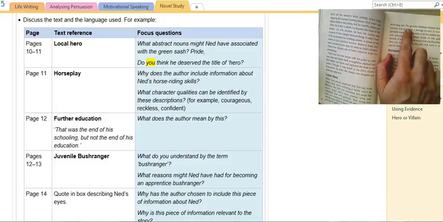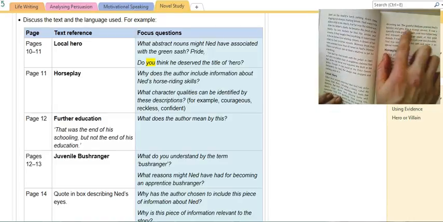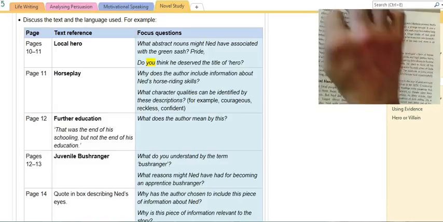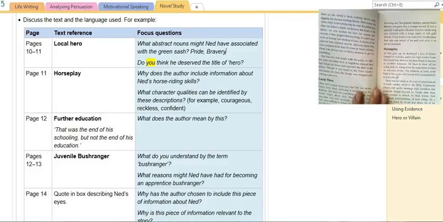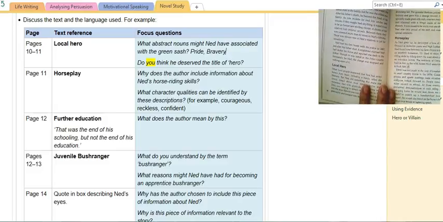The top of this page says the grateful Sheltons praised Ned's bravery and gave him a strange reward. Understanding our background knowledge of Ned, this was a very brave act. He was just walking by, he didn't have to go and save that boy, but he showed bravery to do that. So there's some abstract nouns that I've identified. You can add some more to that.